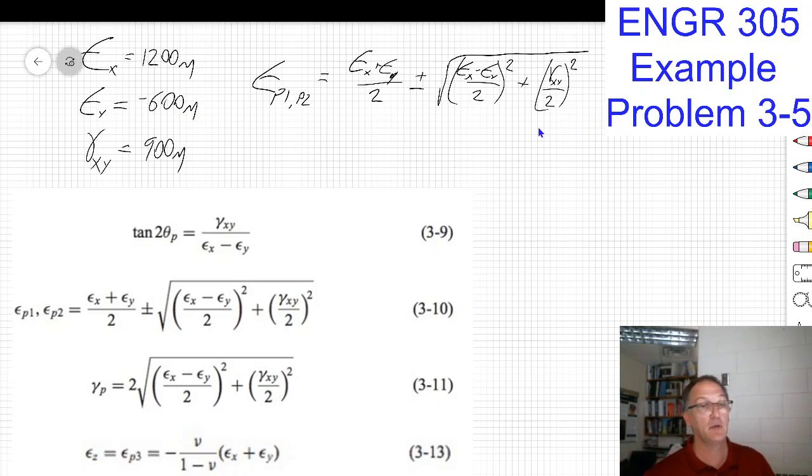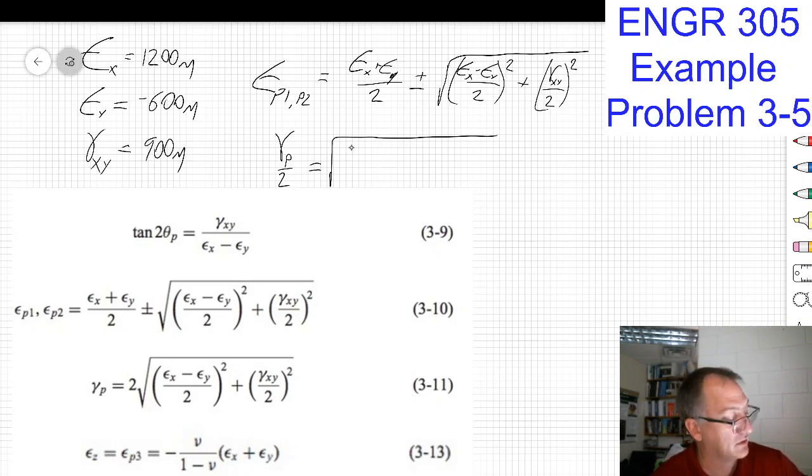Now look at equation 3.11, because I'm going to rewrite 3.11 as gamma principal over 2 is equal to the square root of the strain in the x direction minus the strain in the y direction divided by 2 squared plus gamma xy, the shear strain, over 2 squared.